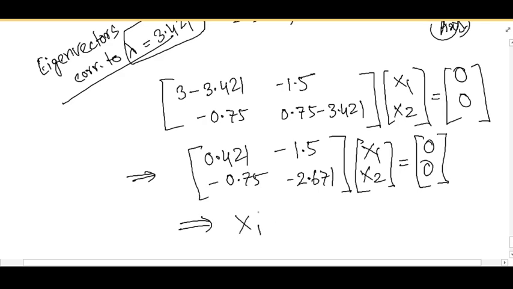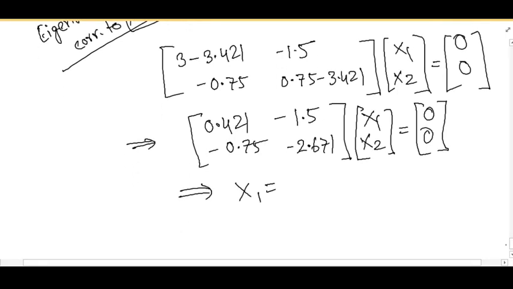How do we get this? There might again be multiple solutions in the case of eigenvectors. In this case we assume, for example, that x1 is equal to s.